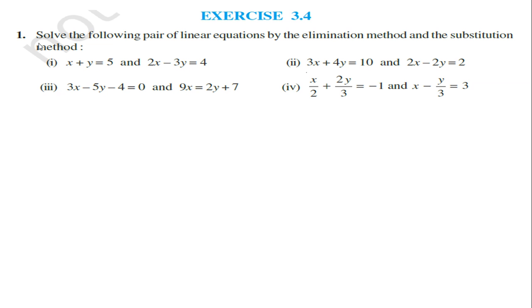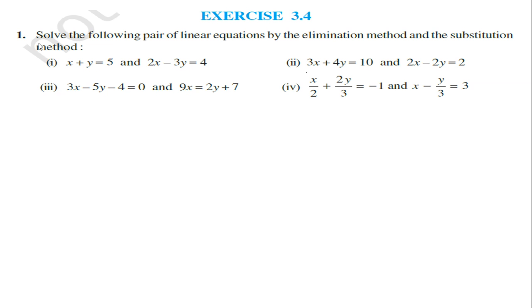Okay, then this is the fourth exercise, as you can see, and we have to solve this question by the elimination and substitution method. The substitution method we actually used in the previous exercise, so now we will just use the elimination method in this exercise, which is my favorite. Why does it become everybody's favorite?